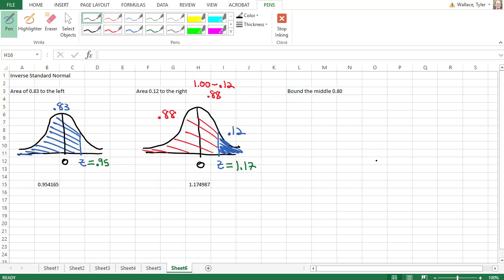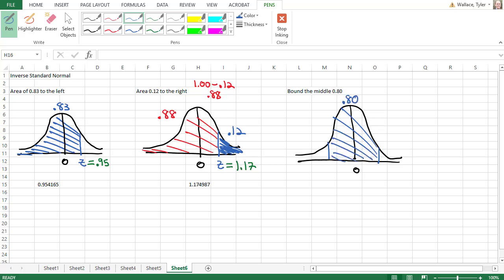We could also look at a similar problem here where we want to bound the middle 80%. We want to set this up so that we can find the z-score that puts right in the middle of the distribution 0.80. What are the z's that do that? There'll be a negative z and a positive z.